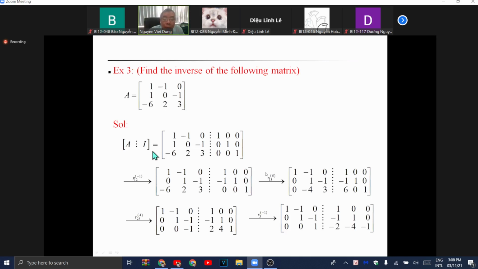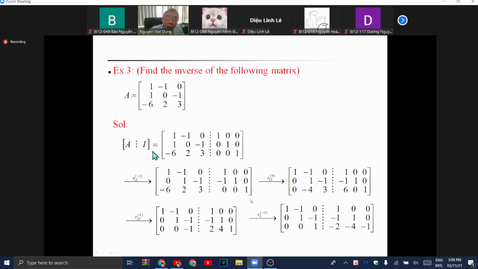We continue the Gauss-Jordan elimination by applying that operation. That operation means we multiply the first row by 6 and we add it to the third row, and we get that one. And the second part, I mean the identity part here, now becomes that one.